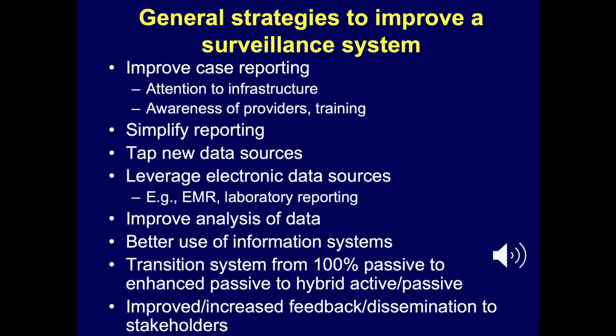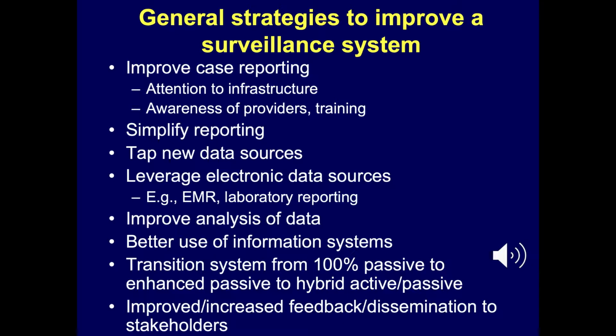In terms of increasing the completeness or timeliness, you can think about transitioning systems from ones that are fully passive to something that is closer to active, or a hybrid of active and passive. Of course, this is not going to come without a need for more resources or reprogramming of resources.